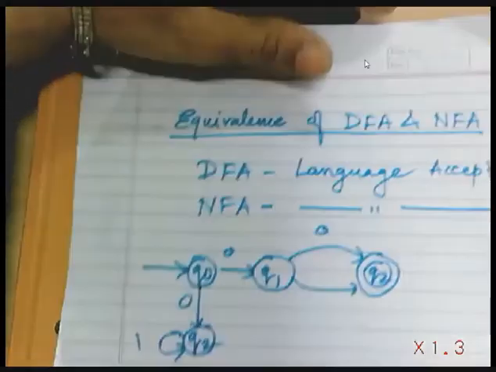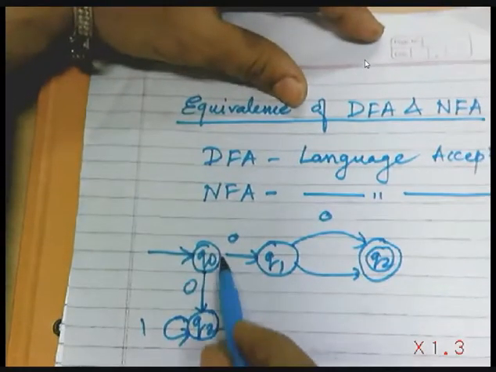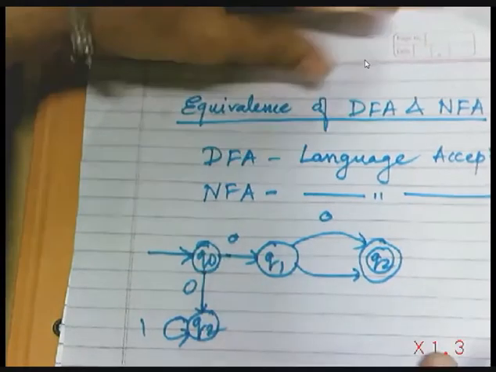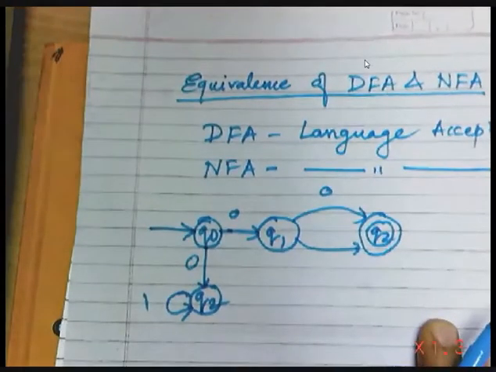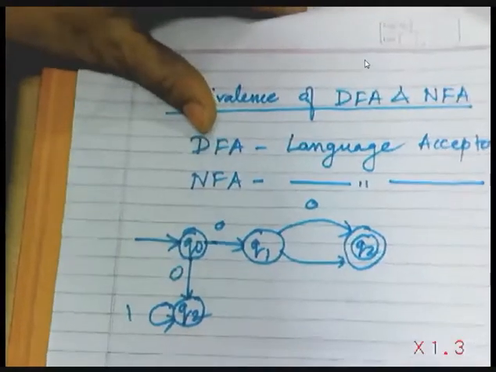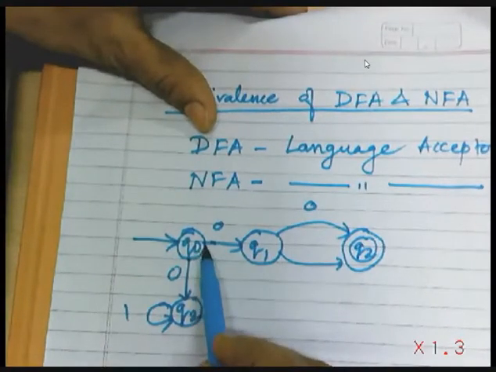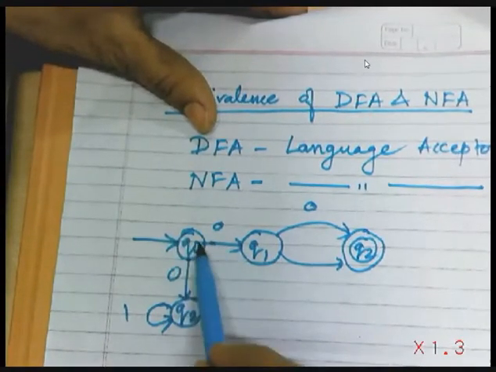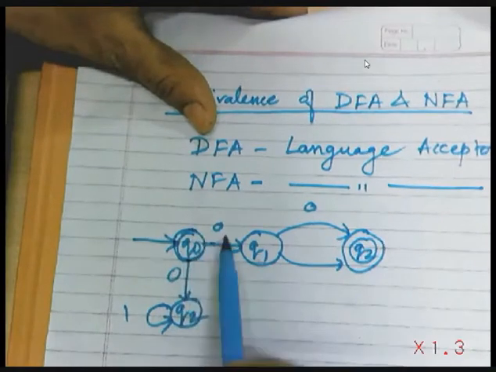Is it an NFA or a DFA? Just check, as I have told you. So this is an NFA. Why? Just take the outgoing arrows from any state. Suppose we consider the Q0 state; the outgoing transitions indicate that it is an NFA.